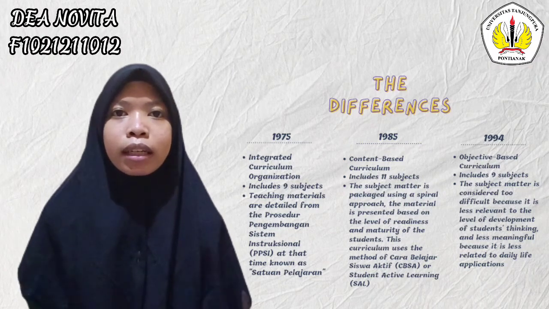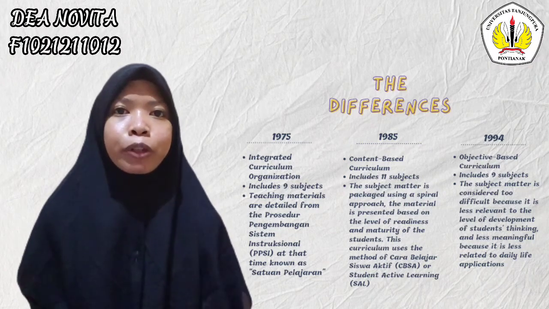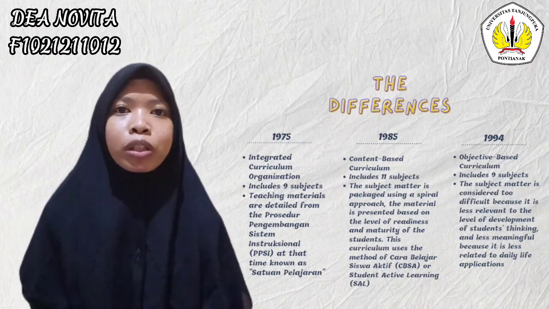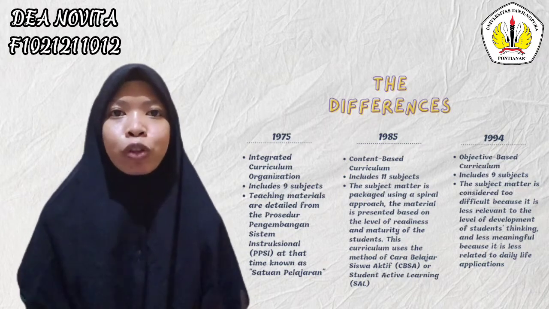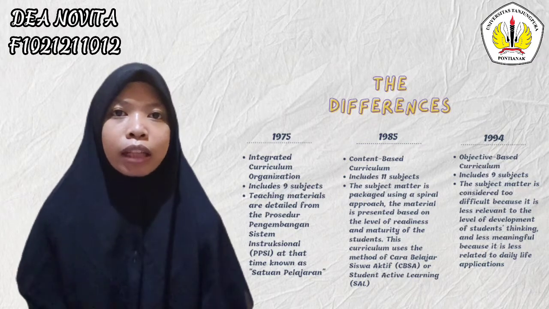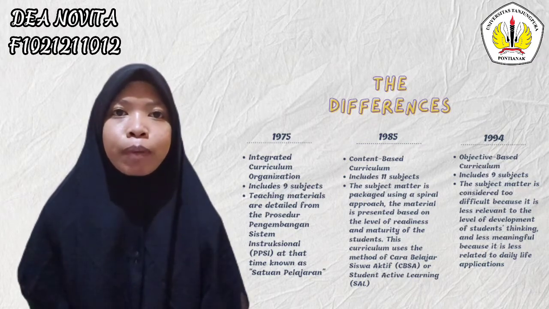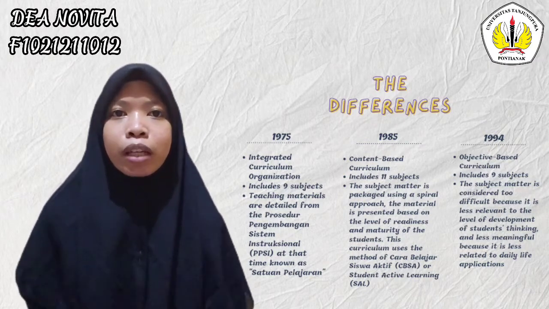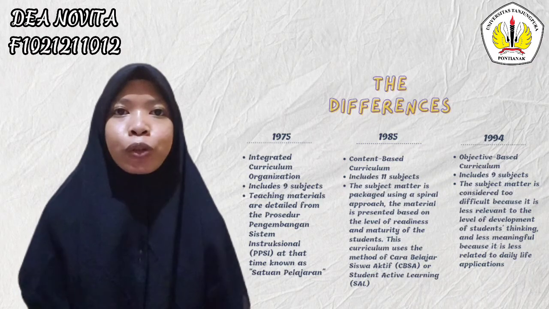The last is the 1975 curriculum teaching materials are detailed from the prosedur pengembangan sistem instruksional, at the time known as satuan pelajaran. In the 1984 curriculum, the subject matter is packaged using a spiral approach. The material is presented based on the level of readiness and maturity of the student.